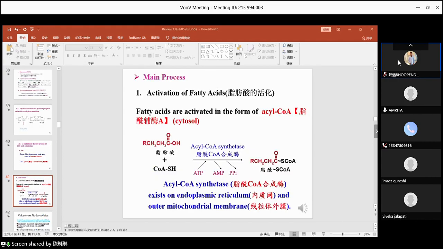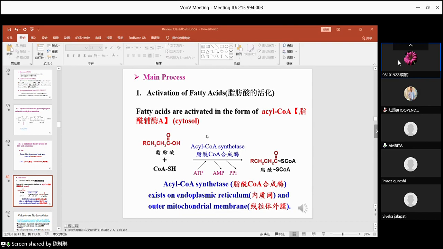It contains three main processes. The first process is the activation of fatty acids. You should remember the process here and the key enzyme very clearly. Also, you should remember the materials, the key enzymes, and the products.